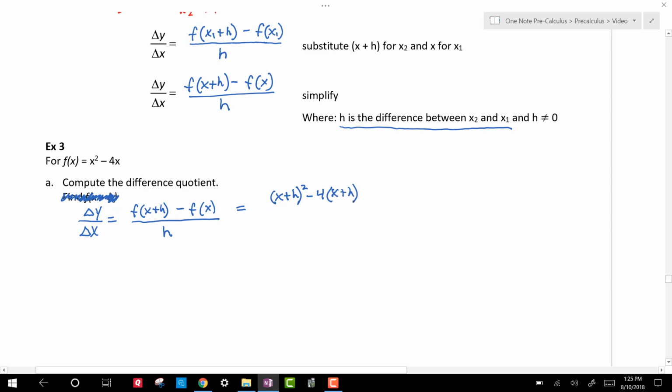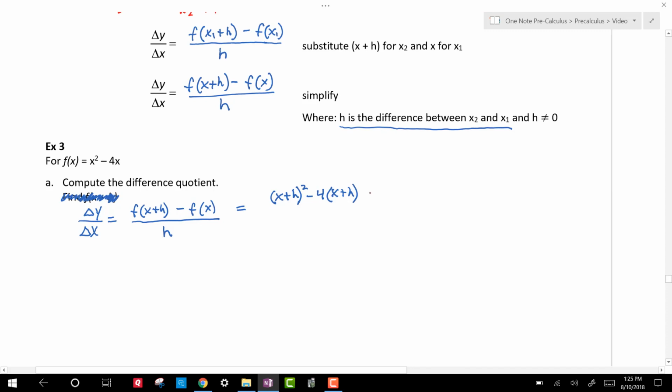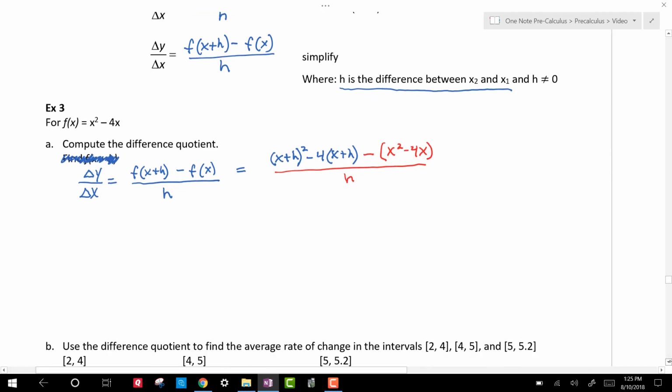All right, so that's the first part. That's f of x plus h. From that, I want to subtract f of x. When I subtract f of x, I need to remember that I'm subtracting all of f of x. So x squared minus 4x, and then the whole thing goes over h. All right? So that's what we need to do and simplify.